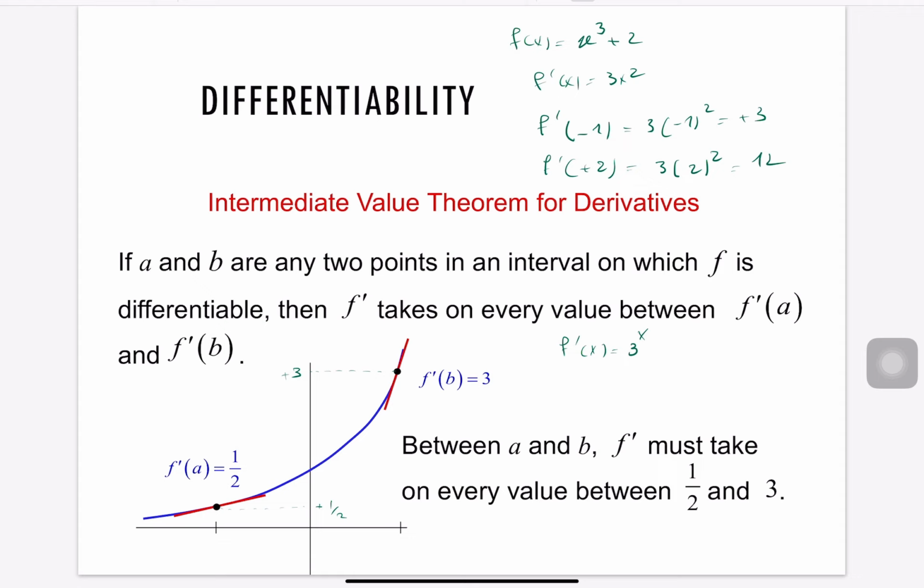In this situation, if we put a number for x, for example, we find half here. If we use a logarithm, logarithm of the 3, half equals x, and we can find the x point from this value.